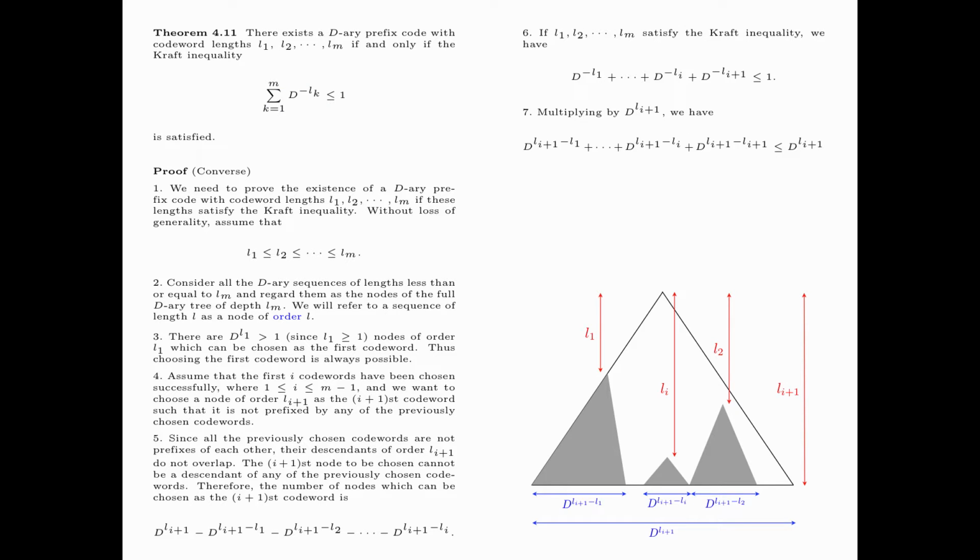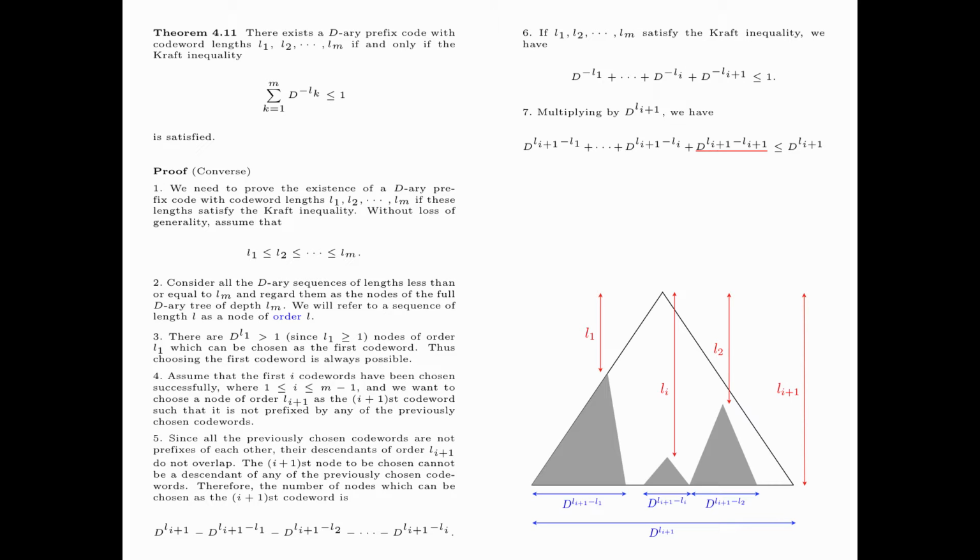Multiplying the above inequality by d to the power L_{i+1}, we have d to the power L_{i+1} minus L1 plus all the way to d to the power L_{i+1} minus Li plus d to the power L_{i+1} minus L_{i+1} less than or equal to d to the power L_{i+1}.